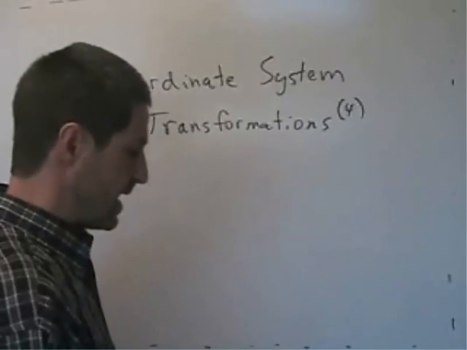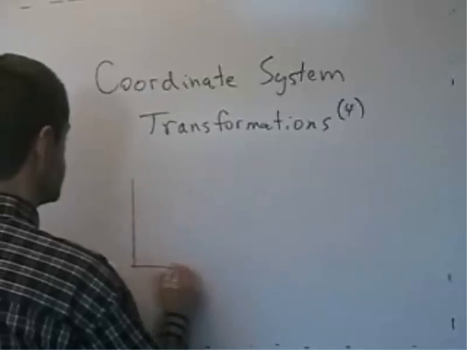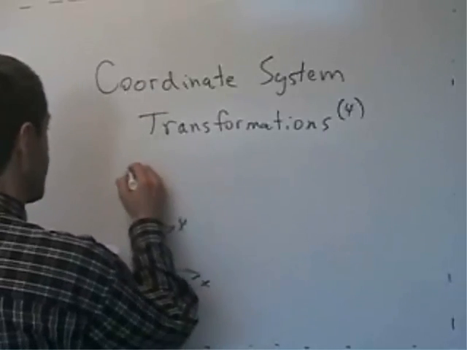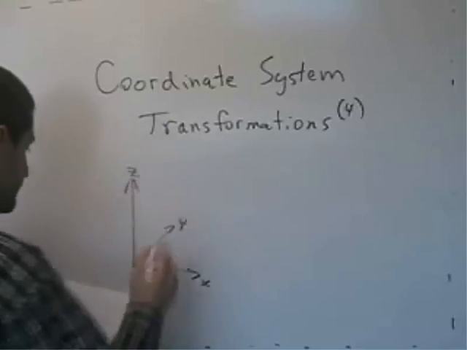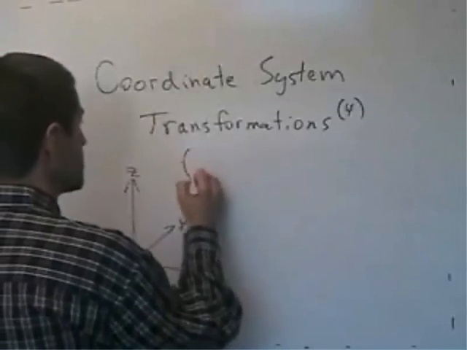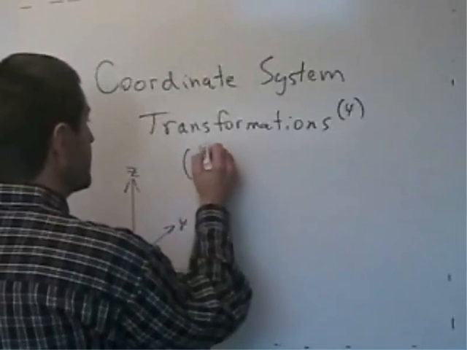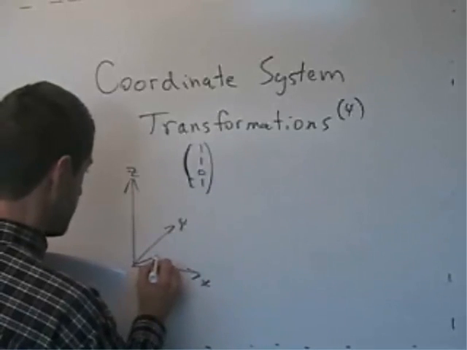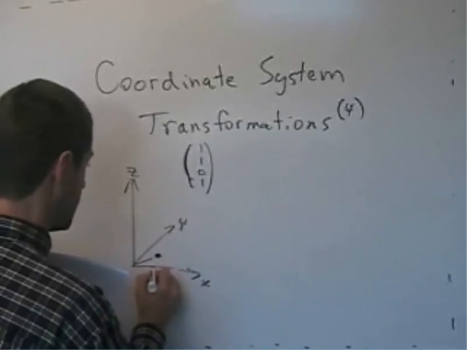So suppose that here's our coordinate system, x, y, z. And we've got a real simple vector. It's just 1, 1, 0. And so that's this vector with a point right there, 1 and 1.